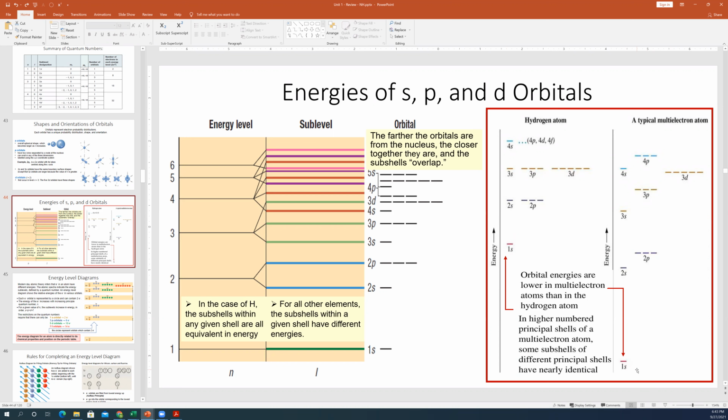And in higher principal shells of multi-electron atoms, some of the subshells of different principal shells have nearly identical energy levels. You can see here, the 3d and the 4s are almost the same energy level, for example.